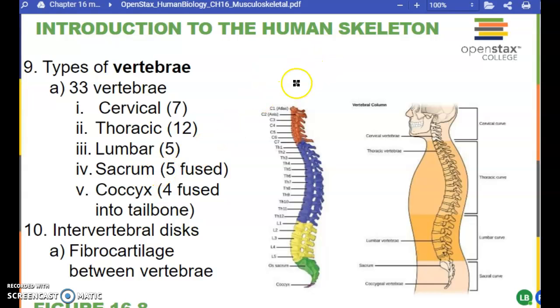And when we look at our spinal column, or those vertebrae that make up our backbone, because there are so many, there are 33, we actually do separate them into different sections. I'm not going to have you memorize how many are in each section, but I think it is important to understand the sections. When we talk about cervical vertebrae, we're talking about the vertebrae near the neck.